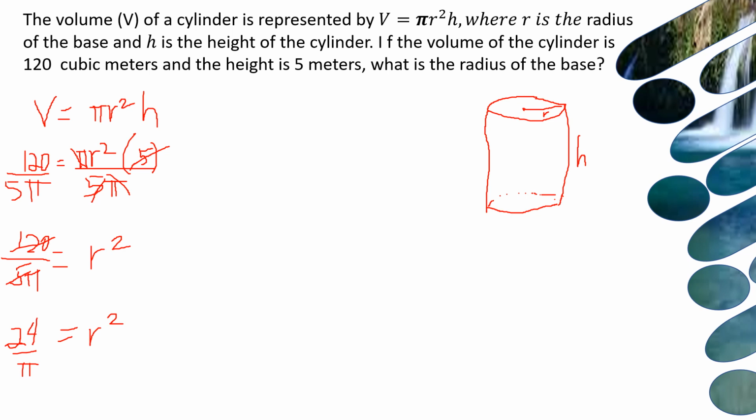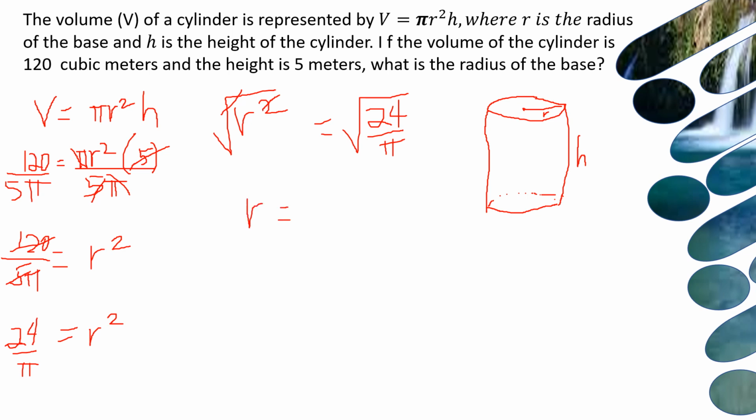Now we only need r. We do not need r squared. So we have to extract the square root of both sides. Extract the square root of r squared to eliminate the square. So we should also extract the square root of 24 over pi to cancel the square and the square root sign.